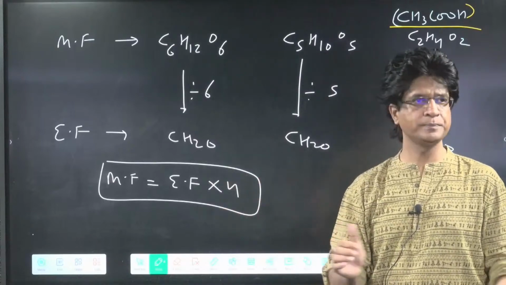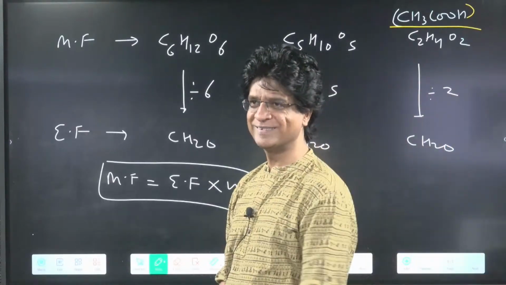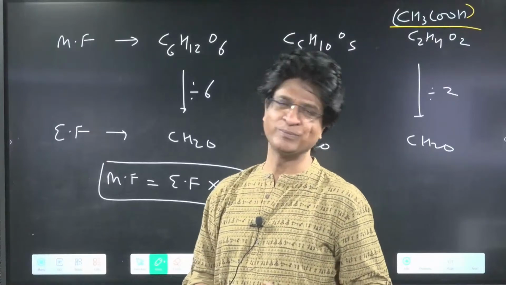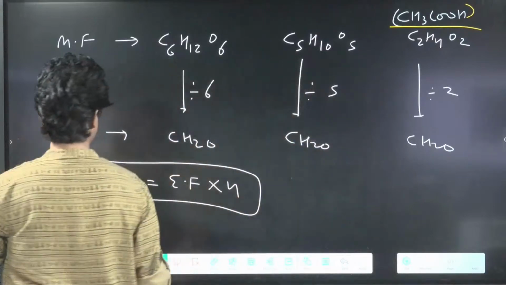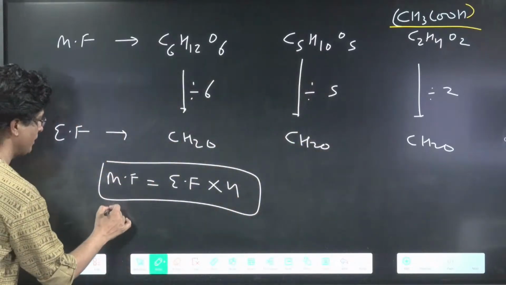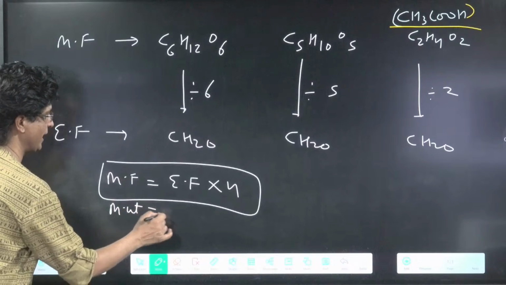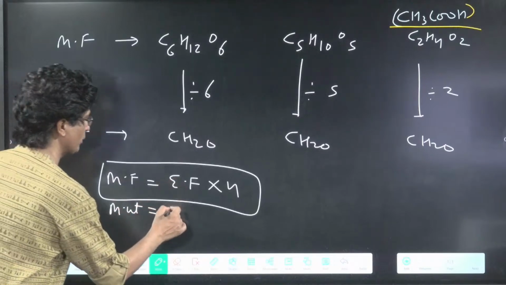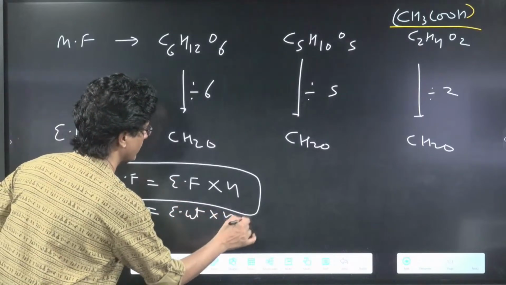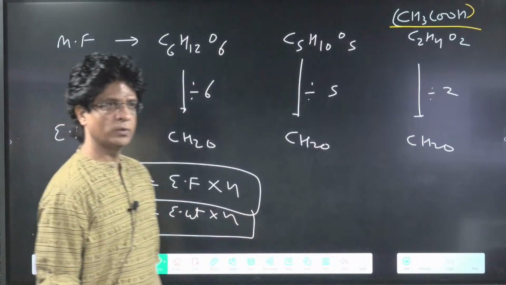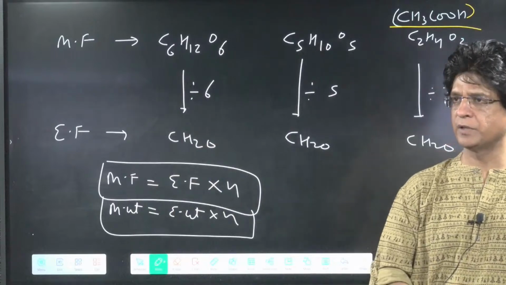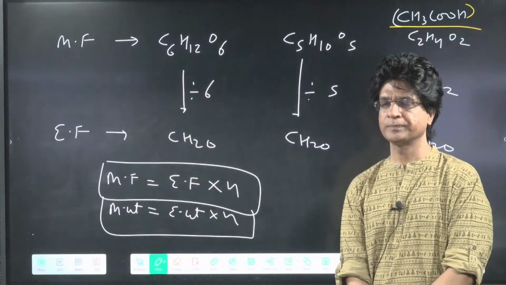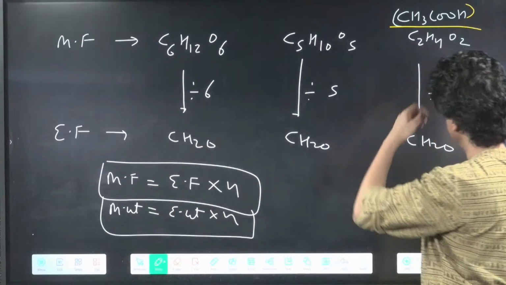Is that okay? Yes or no? You are not speaking at all. Okay. And every molecular formula will have a molecular weight. So can I say that molecular weight will be equal to empirical weight into n? N is an integer. So these few things can set us apart while handling that stuff. Okay? Yes or no?